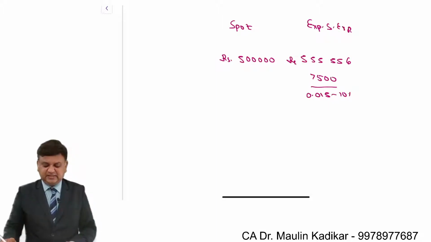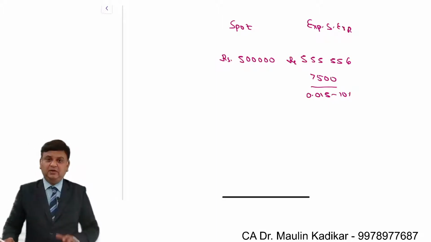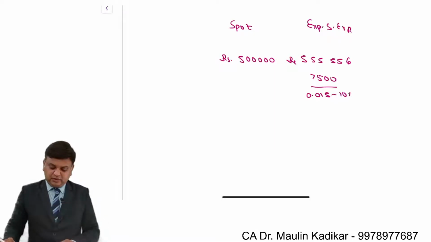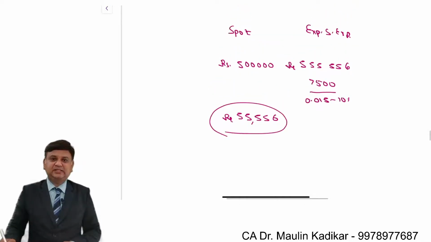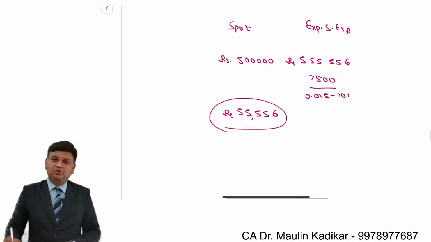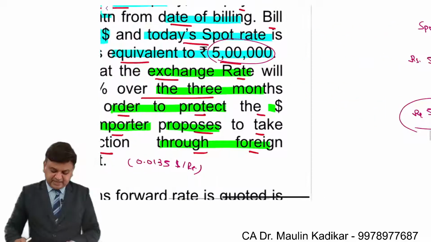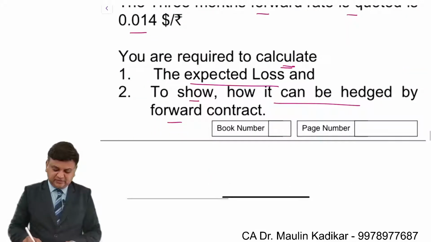So the amount of the payment from the Indian company's point of view will increase by rupees 55,556. And this is the expected loss to the Indian company. And that is the answer of the first question.